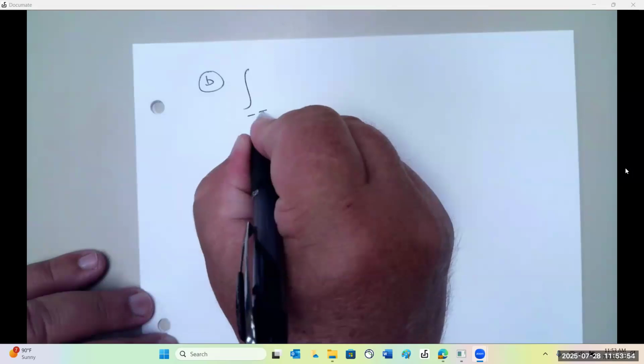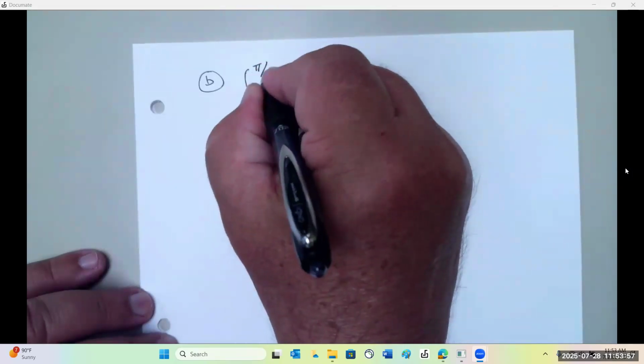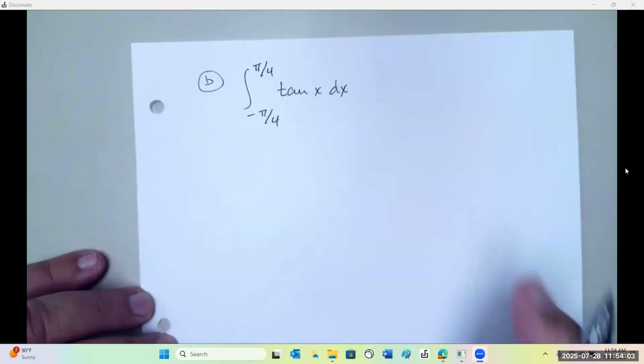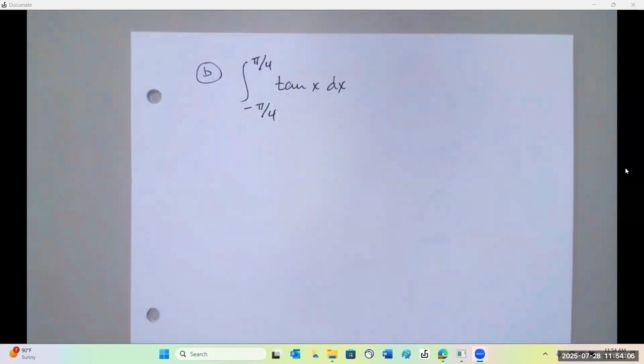All right, let's look at B. The integral of negative pi over 4 to pi over 4 of tangent x dx. Okay.